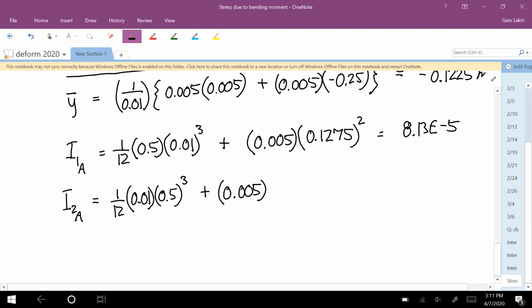Well, it turns out that's going to be the same as this. It would be 0.25 minus 0.1225, and you get 0.1275 squared. Calculate that, and you get 18.53 times 10 to the minus 5. The units for all of these in SI units are meters to the fourth.